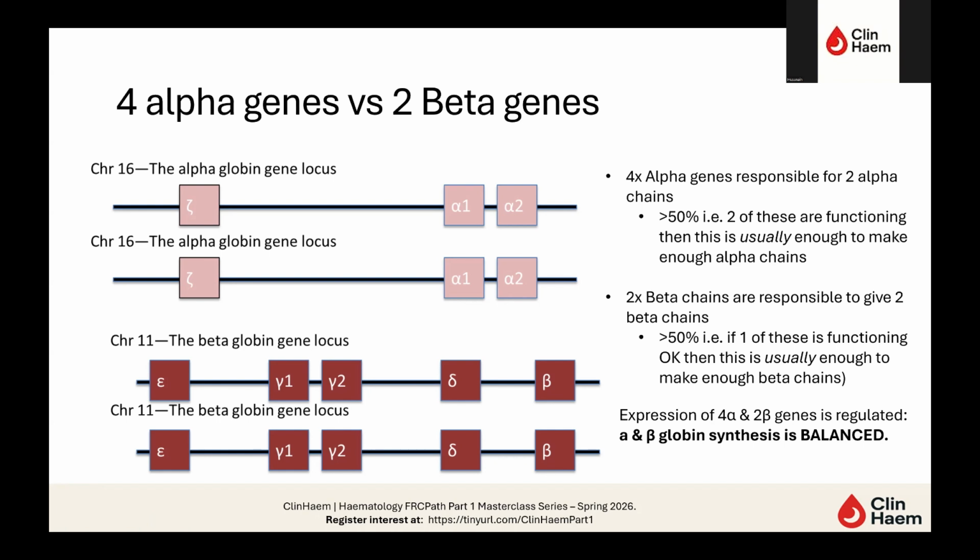So if they are nicely in the form of a hemoglobin with two alpha, two beta, that's good, essential for life. But if there is any excess of one or the other, they are pathological on their own.